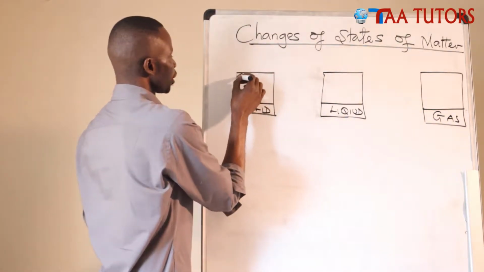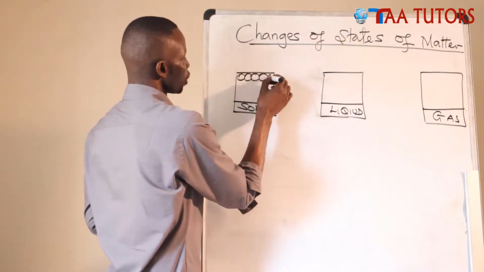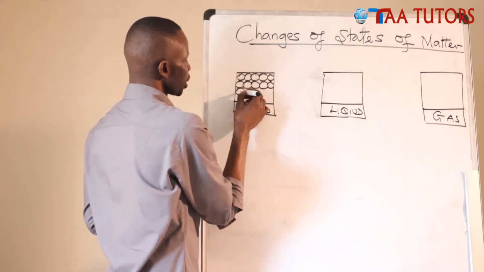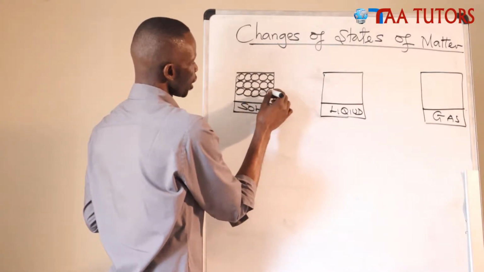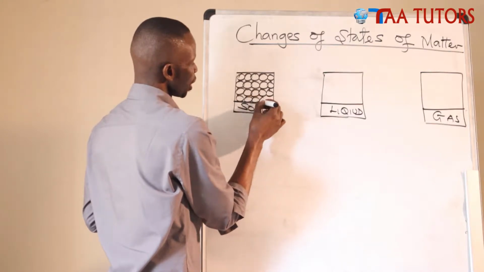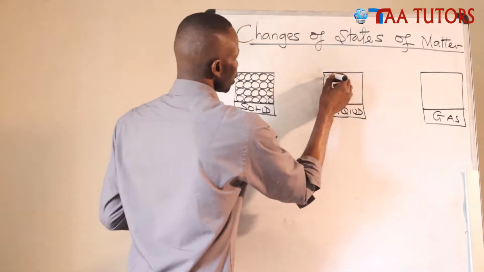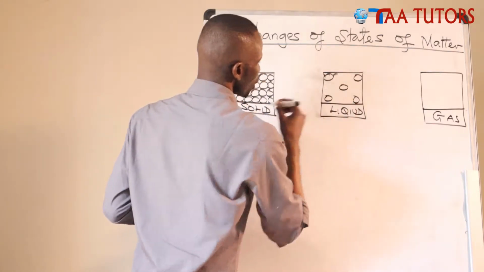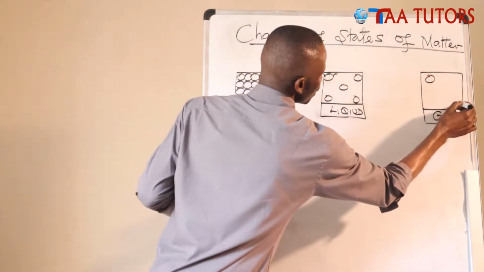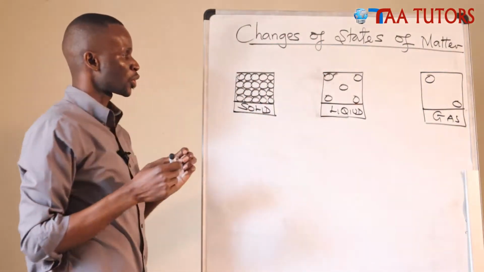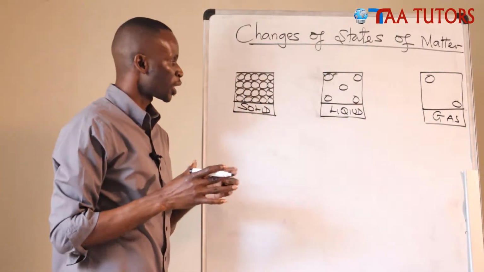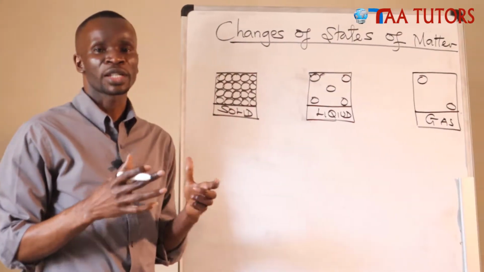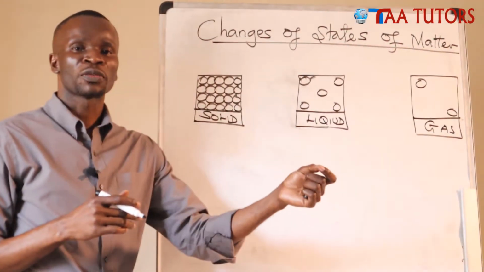Then I will draw small circles to represent particles of matter in solid state, then liquid, and finally this is how gas particles are. All of us have seen one very common substance in these states: ice, water, and water vapor.